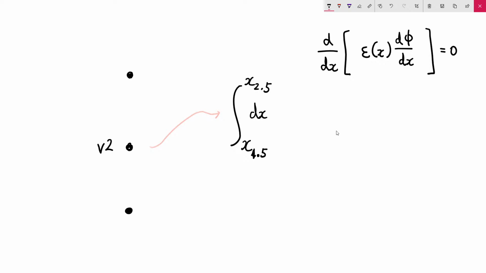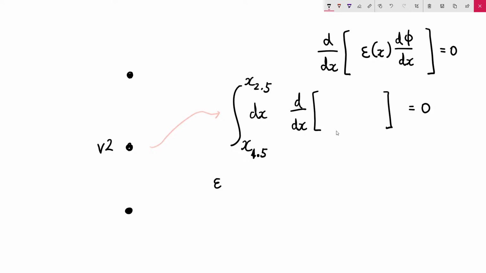And here we have the total derivative of something, and that is just 0 because the right hand side is just 0, so when you perform the integration it becomes obviously 0. So now let's go to the next part.